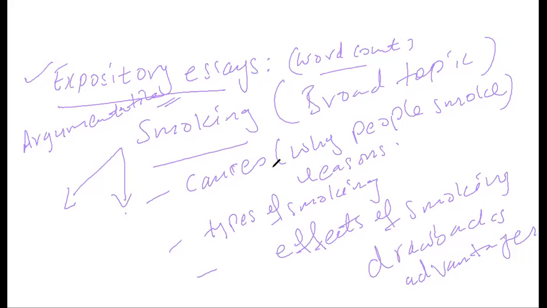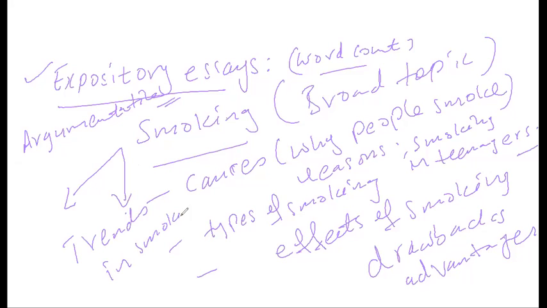So, an expository essay is written using different patterns. For example, I can add one more pattern. I can write about smoking in teenagers or by teenagers, right? That means I can even talk about trends in smoking.